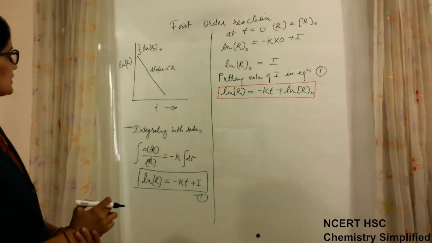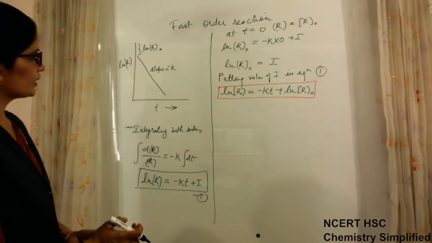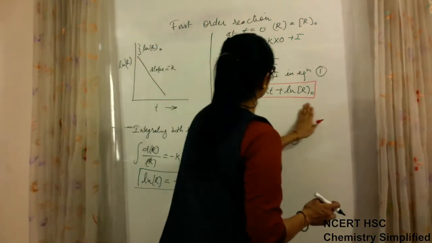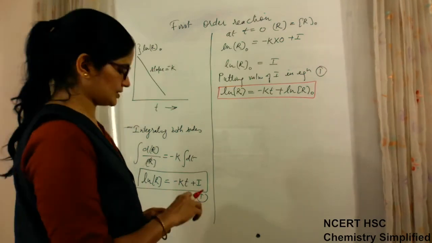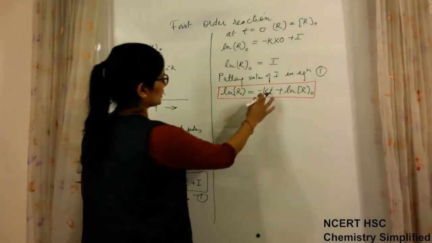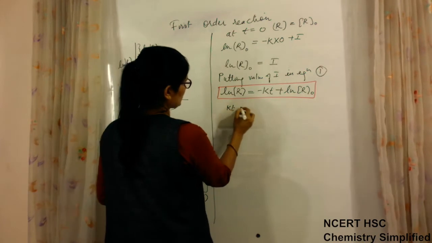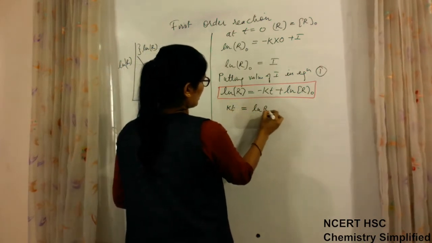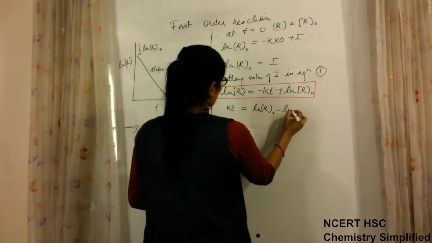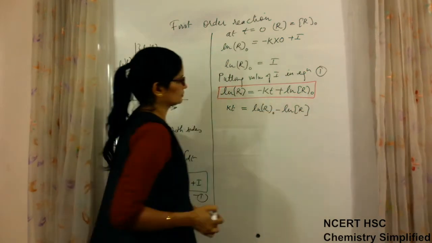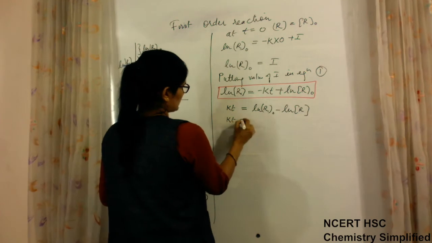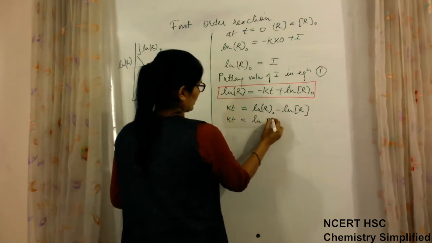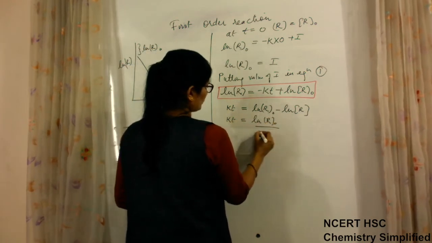So this is with this reaction. Now we have to modify this equation to certain extent to solve questions based on this. So kt taken this side, kt is equal to ln R naught minus ln R.